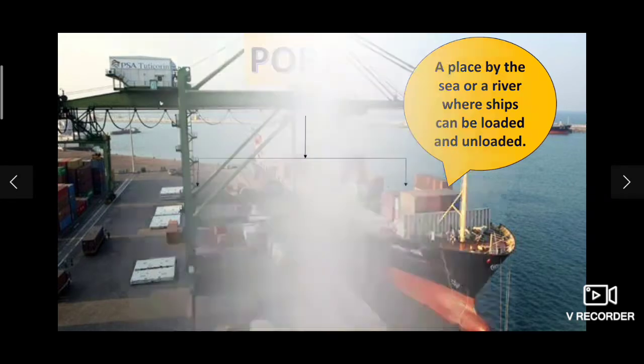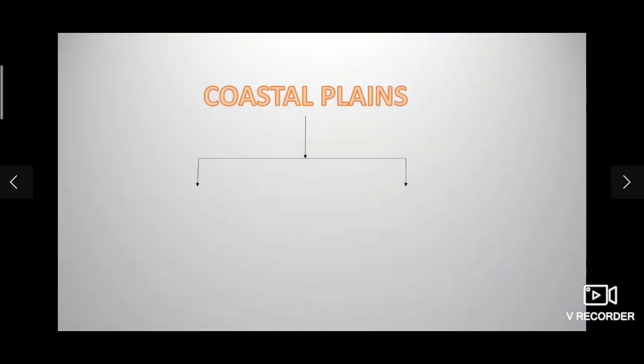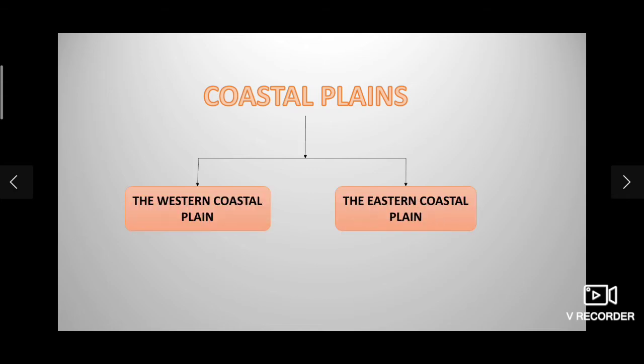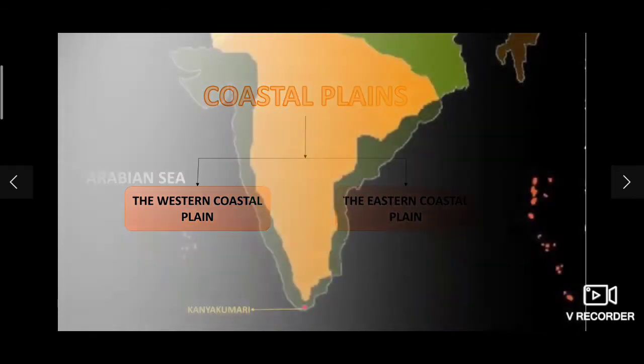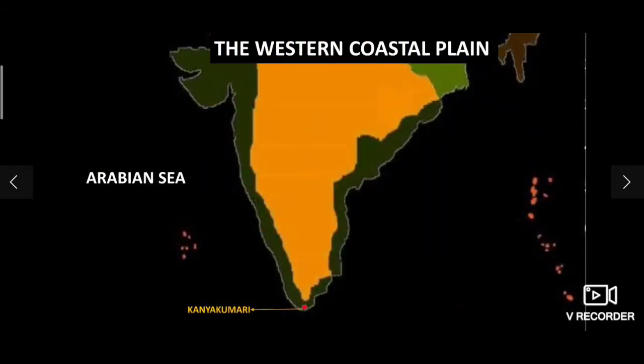The coastline of India is divided into two parts, the western coastal plain and the eastern coastal plain. The western coastal plain starts from Gujarat and ends at Kanyakumari. It lies between the Western Ghats and the Arabian Sea.